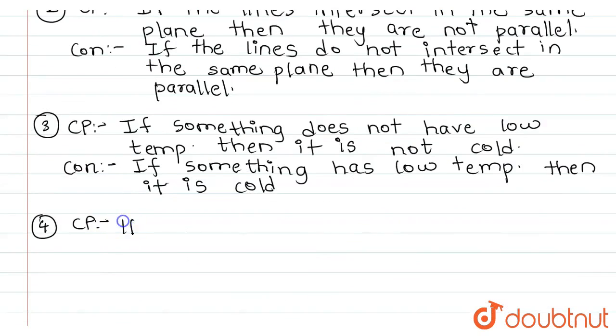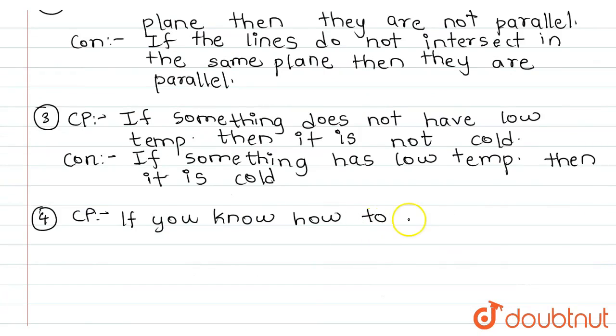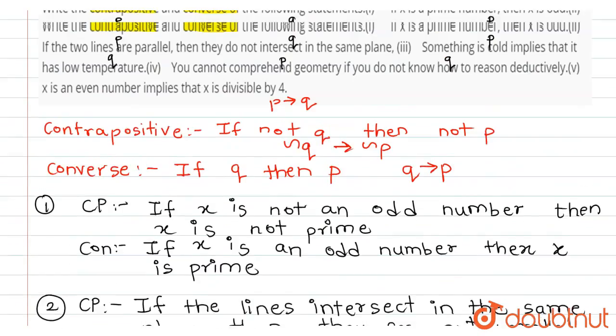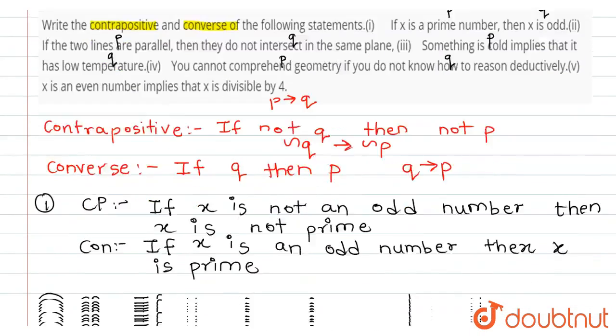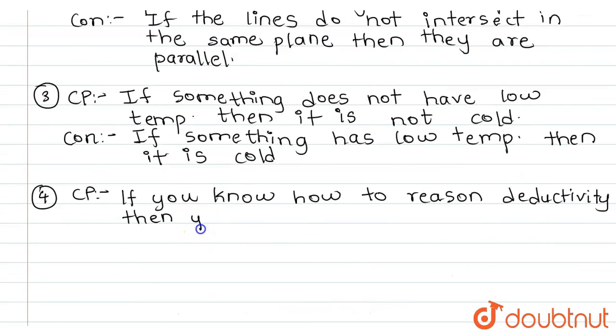So we can write: if you know how to reason deductively, then you can comprehend geometry. We have to write the negation, right?